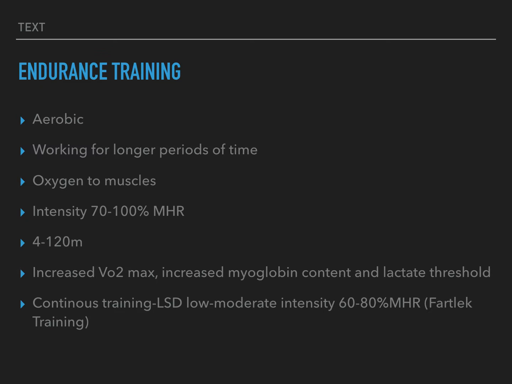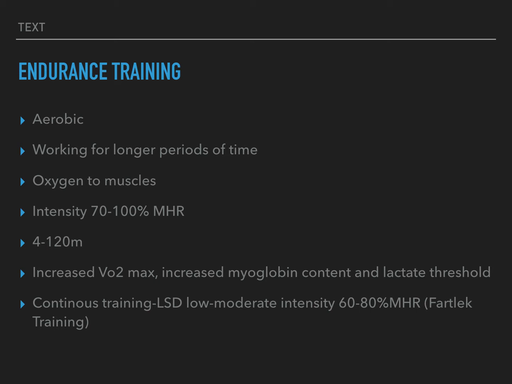So first up, we've got aerobic endurance. So what is aerobic endurance? Like I was saying, this provides oxygen to the muscles because you're working for longer periods of time. Your intensity is between 70 to 100% of your maximum heart rate. The benefits of this are an increased VO2 max, which is basically your cardio levels, your stamina, increased myoglobin content, and lactate threshold.